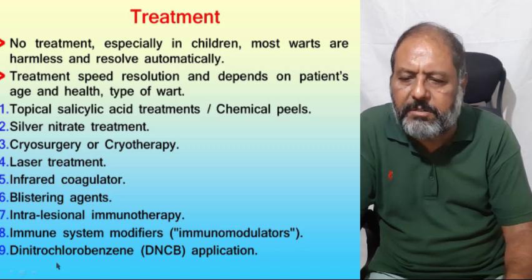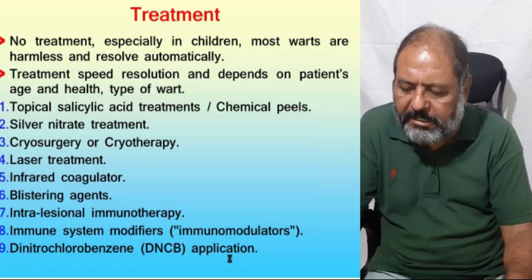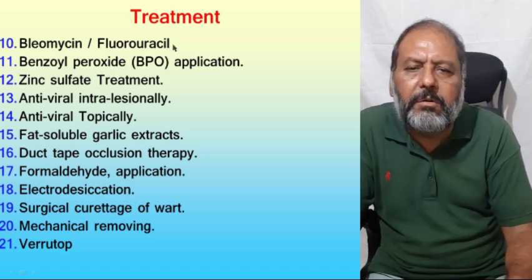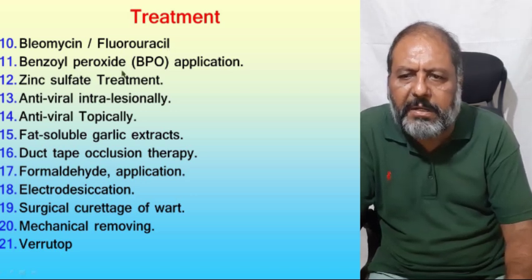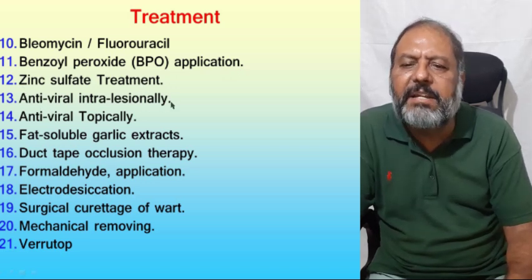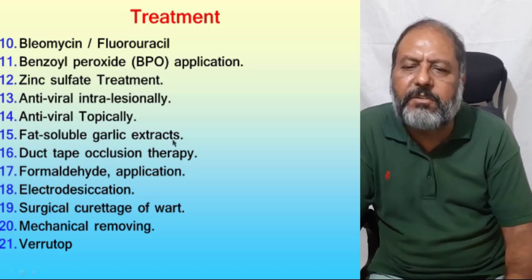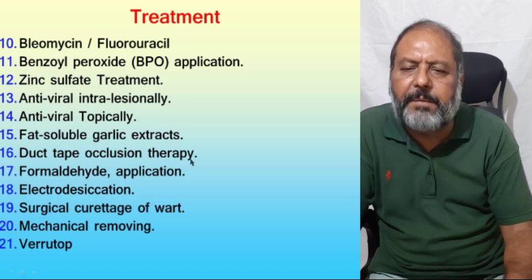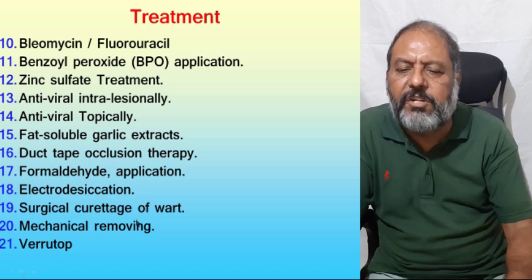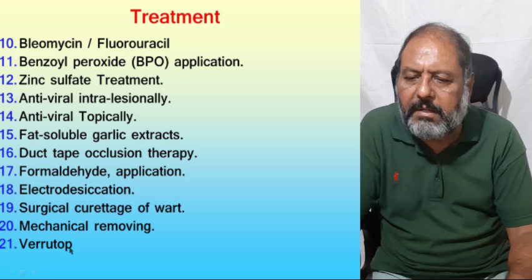dinitrochlorobenzene, DNCB application, and bleomycin or fluorouracil cream, topical benzoyl peroxide application, zinc sulfate treatment, antiviral intralesionally, then antiviral topically, fat-soluble garlic extracts, duct tape occlusion therapy, formaldehyde application, electrodesiccation, surgical curettage of the wart, and mechanical removal of the wart, and Verrutop.